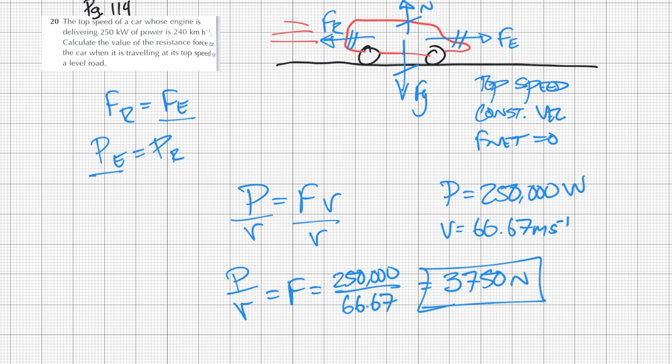So that's how big of resistance I'm going to have, whether it's due to air or rolling resistance. That's going to be the size of the force that's acting backwards here. The engine is going to be applying an equal force forwards due to it traveling at a constant velocity.